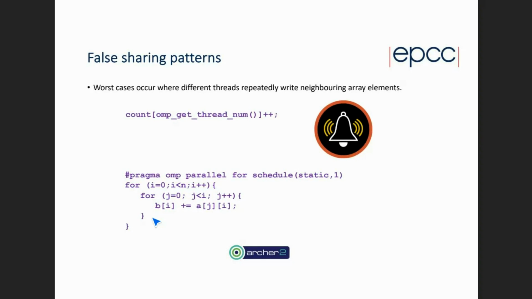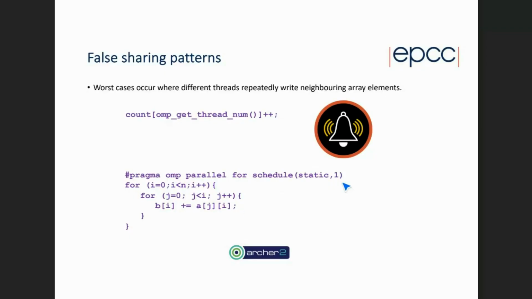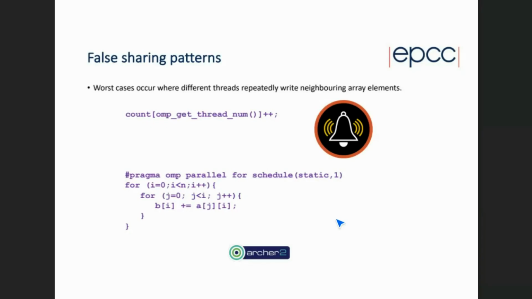In this case, what will typically happen is that if you make the chunk size a bit bigger, the performance will actually get better. So although a chunk size of 1 in principle would give you the best load balance, it can actually cause these false sharing overheads. You might find that a larger chunk size is actually better in this case.